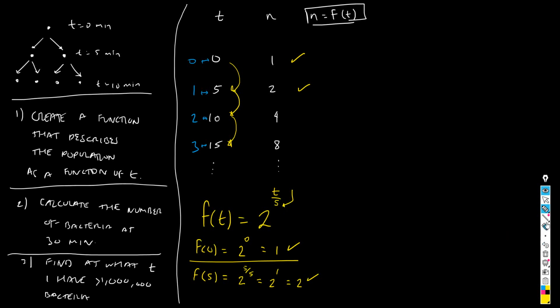And just as a remark, what does this thing remind you of? Anything? Anybody? We are dividing the variable in my function, only the variable, by some factor. Does this mean some sort of stretch? What type? Horizontal or vertical? It's horizontal, right?